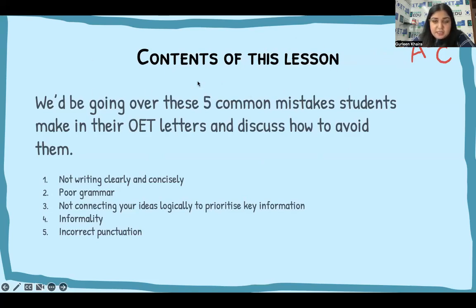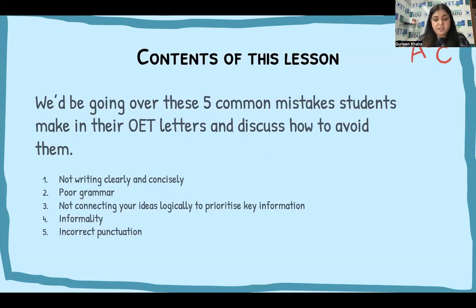What we are discussing today is how to improve your writing for your OET writing subtest. And we discussed the strategy, the exam technique, and that is selecting relevant information for your recipient. The second is deciding in what order you want to present that information so that it would be relevant or important from the reader's point of view.